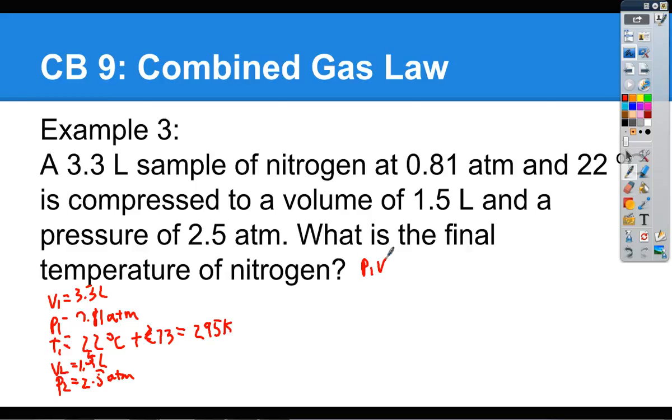So P1 V1 over T1 equals P2 V2 over T2. All right, so now plug our values in just like we had before.